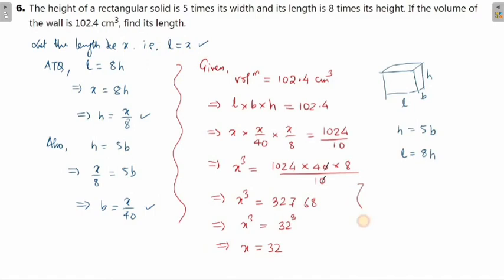So therefore length of the wall will be equals to how much? It will be 32, and the unit that you are using here is centimeter. So that's why your length will be 32 centimeter. Okay, so pause the video and note down your solution.